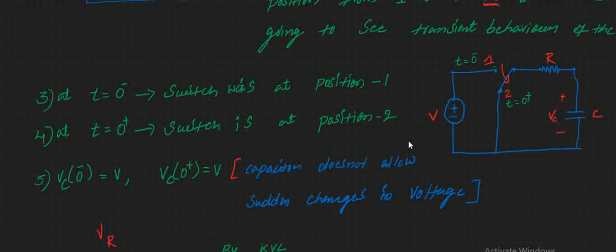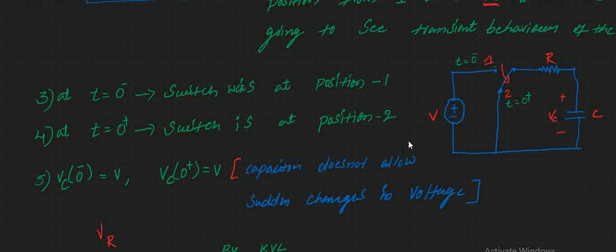So if Vc at 0 minus is V, then Vc at 0 plus, with the switch at position 2, is also the same. Even though the voltage source is disconnected from these elements, the voltage across the capacitor remains the same as at position 1.